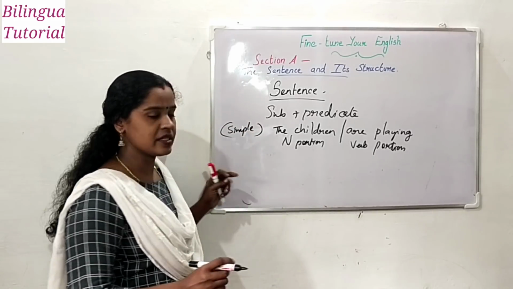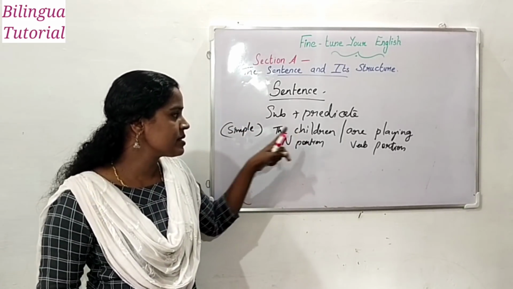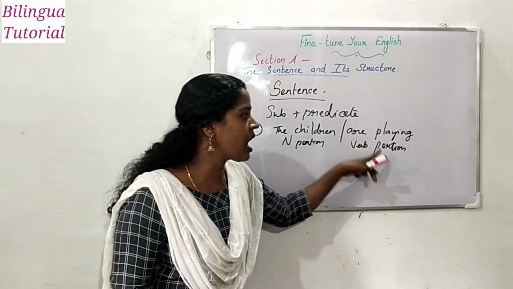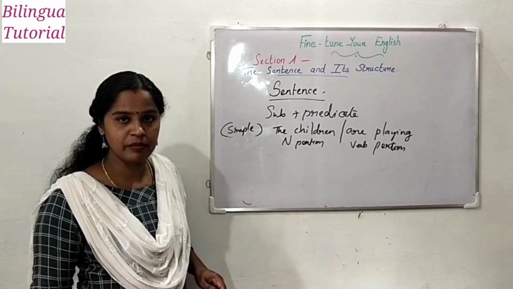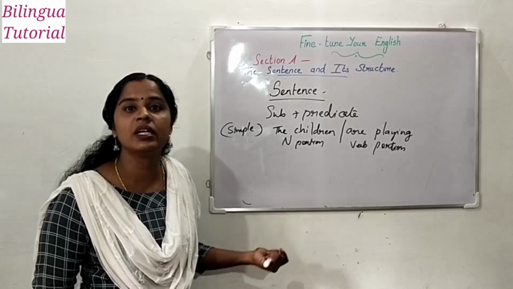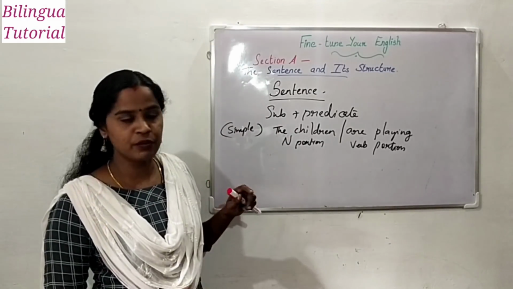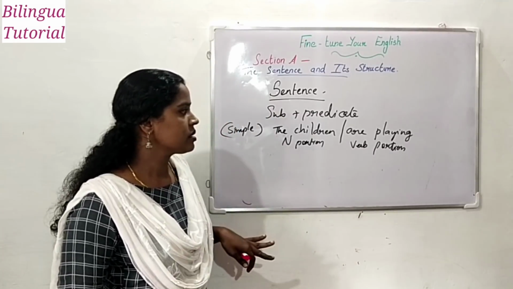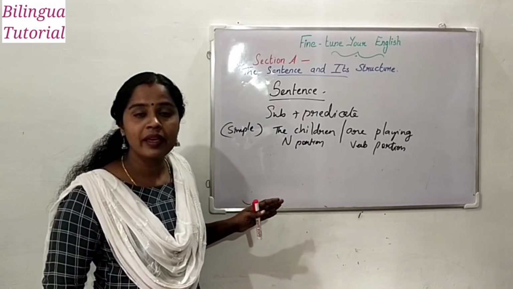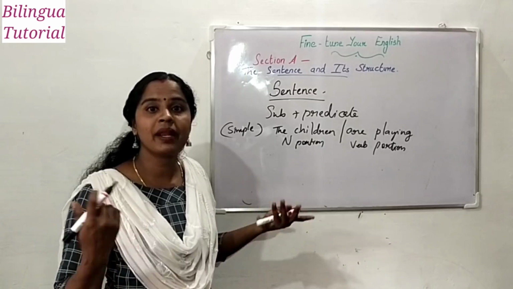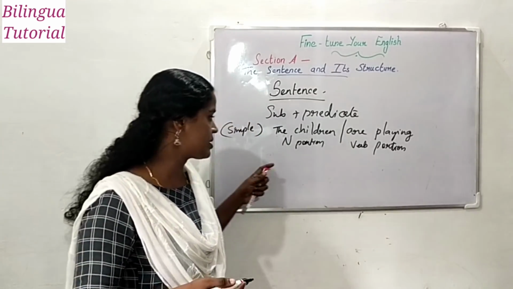It's a simple sentence. We can enrich this subject portion and enlarge this predicate portion by adding some modifiers or words. So what we can do is enrich this subject portion and enlarge this predicate portion to make compound or complex sentences. I'll give you the examples.